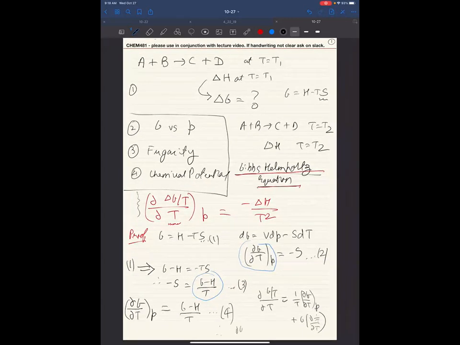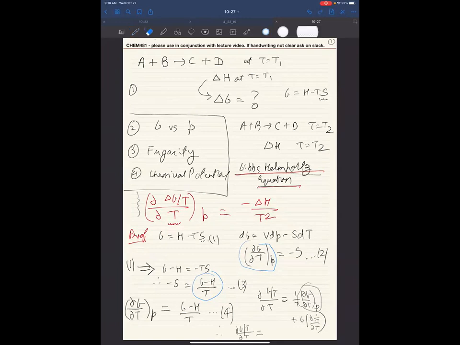Therefore, partial G over T by partial T, this is just algebra. There is nothing profound. If you're getting lost in this, don't worry. If you go back and look at it, it's just 2 lines of algebra. Remember the final equation that we're going for. So this becomes 1 over T partial G by partial T at constant P. We just showed that is G minus H by T. So actually, let's go to the next page.